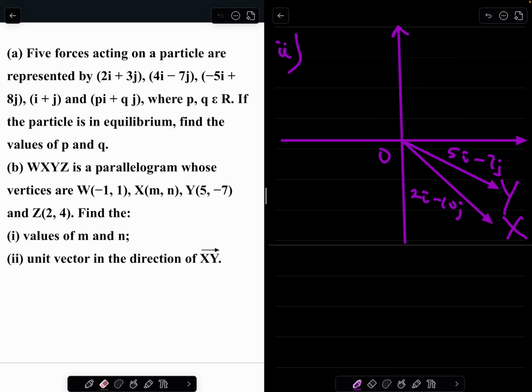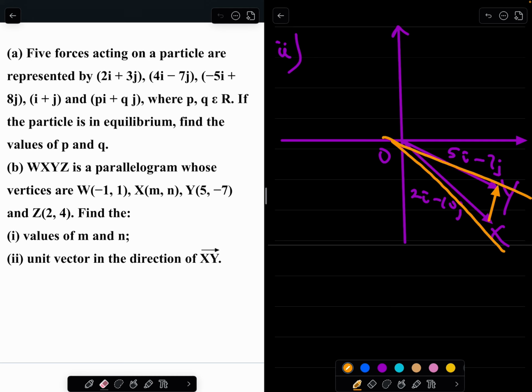And now, what is the vector xy? How do we find the vector xy? This is the vector xy, the movement from x to y. Yes, that's the vector xy, which means the vector xy is the vector xo plus the vector oy.